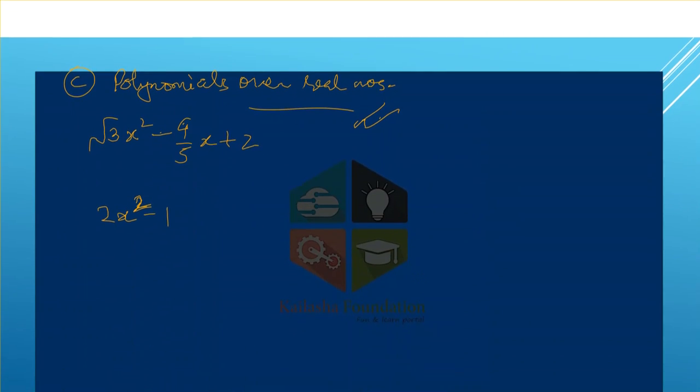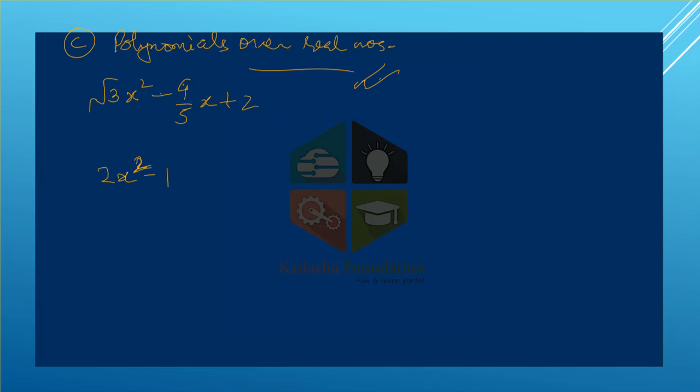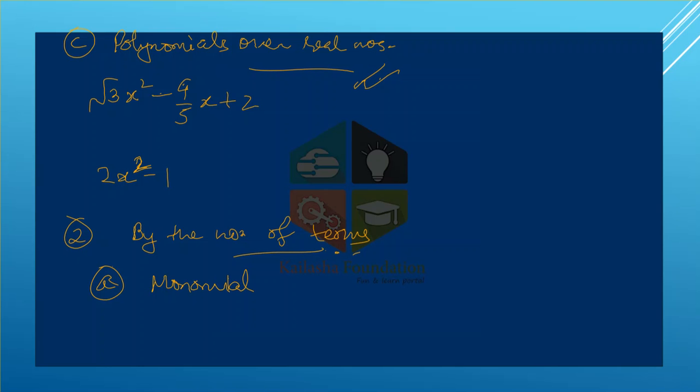Okay, now the second basis of classification is by the number of terms. I just told you in the previous lecture what we mean by terms in an expression. So by number of terms, the first one is monomial, that is a polynomial in which there is only one term.